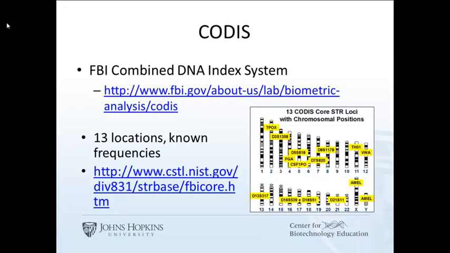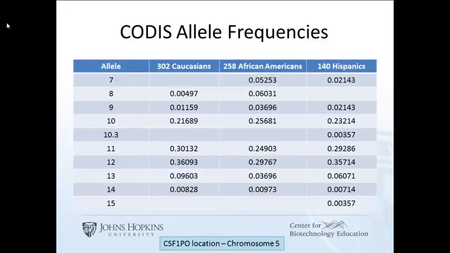The locations are spread out over the autosomal chromosomes, meaning not the sex chromosomes, X and Y. On the diagram, you see AMEL, A-M-E-L, on the X and Y chromosomes. That is used by the FBI to determine gender, but it is not one of the 13.